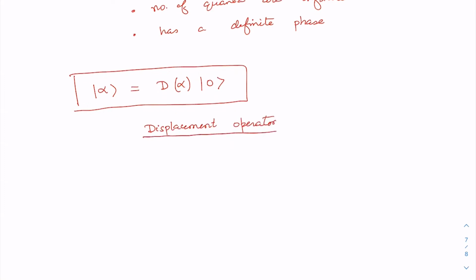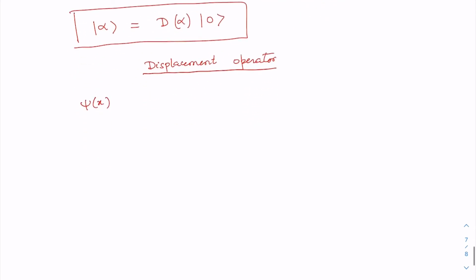Let us say we have a wave function psi of x, and it has a structure of this form. Say it looks like this, and this wave function is now displaced by some distance, say delta x, and after displacement it takes this form.